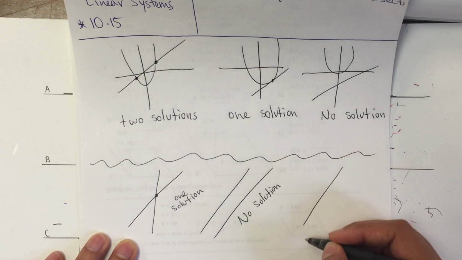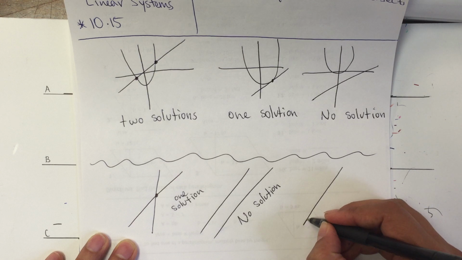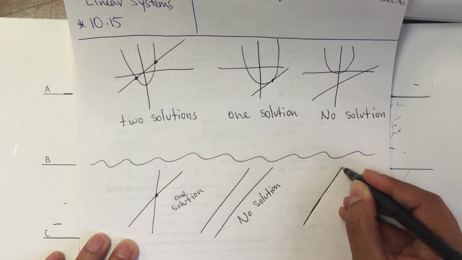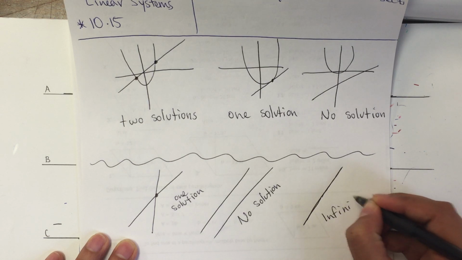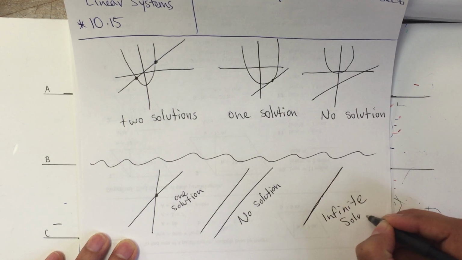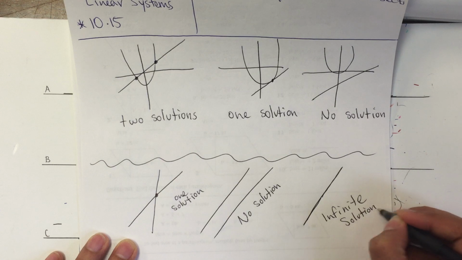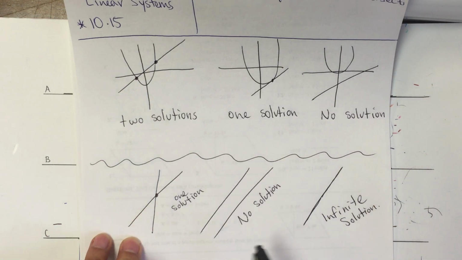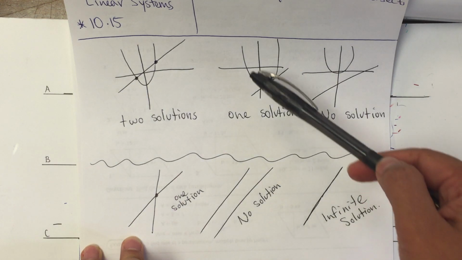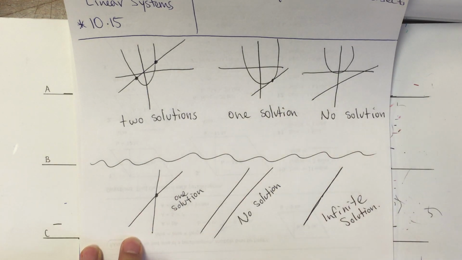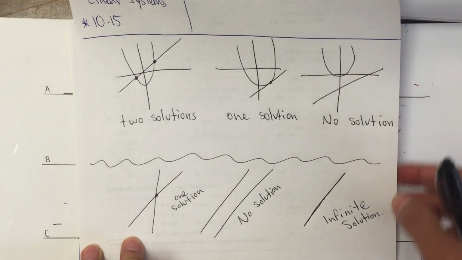Or infinite solution, meaning that one line was graphed like that and then the other one would overlap, and so that will be infinite solution. And it's something similar, except that now instead of having 2 lines, it's going to be a parabola and a line. Okay, that's the only difference.